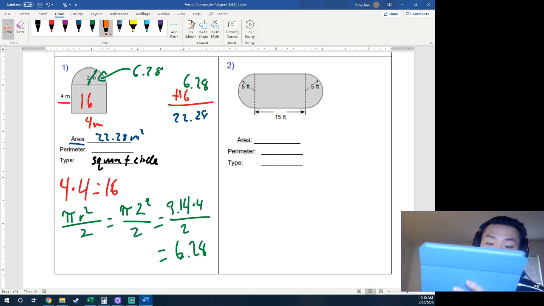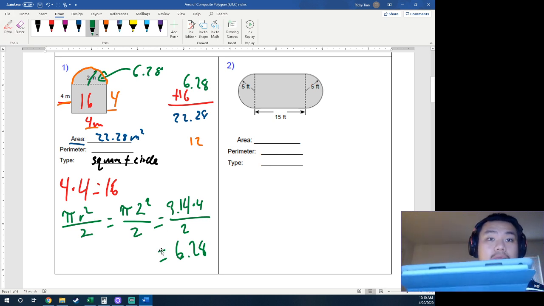So we have 4, 4, and 4. That's 12. And then we're going to add this length here, which is going to be half the circumference. Let's move this.